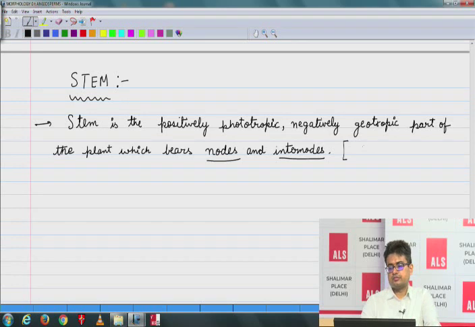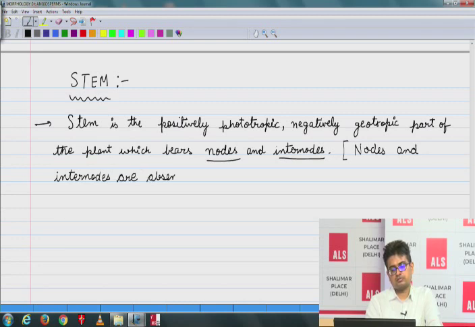You can say nodes and internodes are absent in the root and present in the stem.